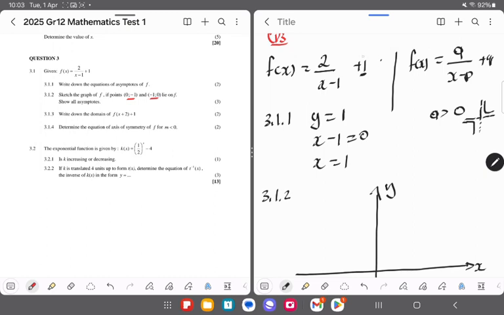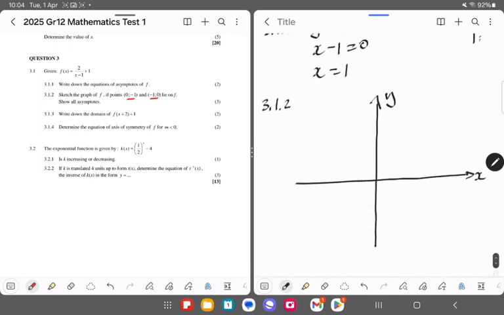This value where we're having plus 1 is an up or down movement. When it says plus, it means the graph has shifted 1 unit upwards. And then this x minus 1 is a shift that moves your graph either left or right. When it's negative, it means your graph has shifted to the right 1 unit.